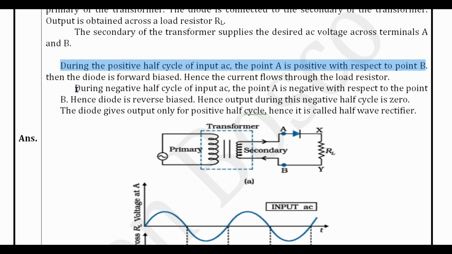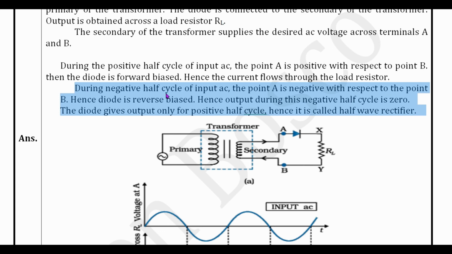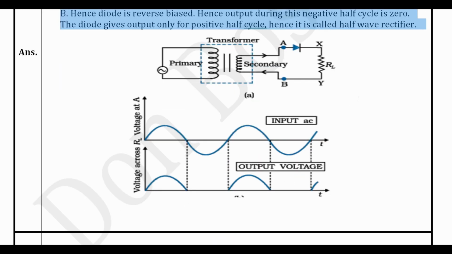Next, the cycle reverses. During the negative half cycle of input AC, the point A is negative with respect to the point B, hence diode is reverse biased. Hence output during this negative half cycle is 0. The diode gives output only for the positive half cycle, hence it is called as half wave rectifier.